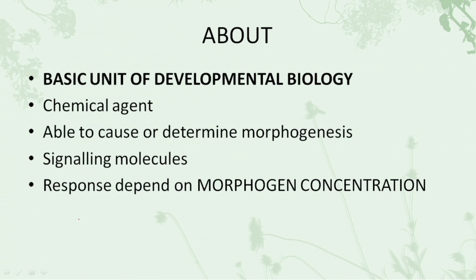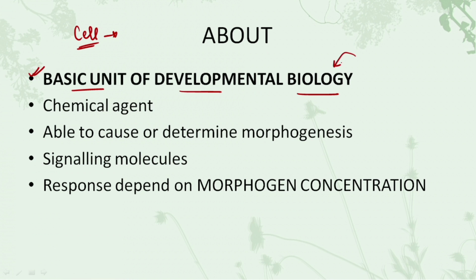Let's understand what morphogens are all about. The very first point is that it acts as the basic unit of developmental biology. What does this mean? As we call the cell the fundamental and basic unit of life, in the same manner, the morphogens are the basic unit of developmental biology.